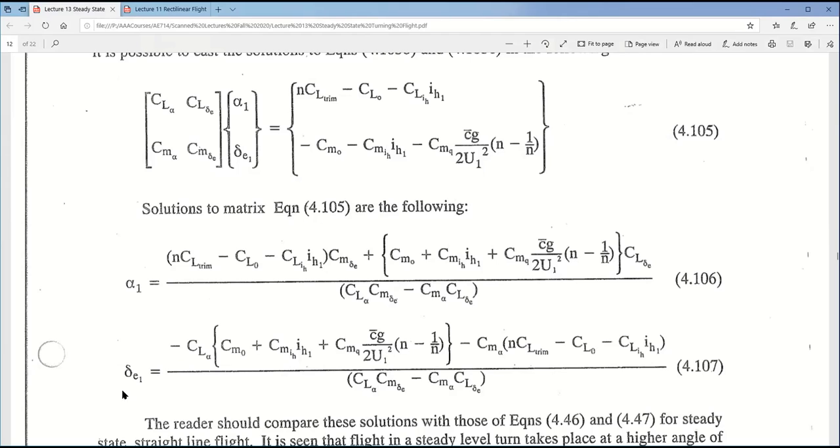We're going to need this equation for elevator in a minute as well when we talk about how the elevator changes when we do a turn. But now I want to do an example. This is going to take a little bit of time, but I want you guys on your piece of paper to write down these two equations in your notes right now.